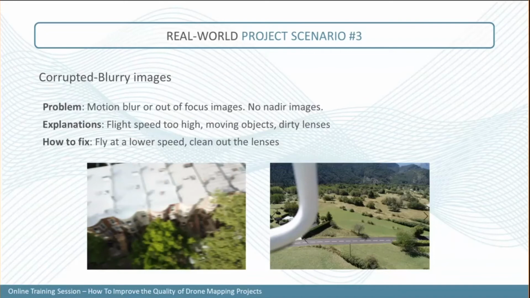Because there's nothing more frustrating than flying a mission, coming back, and realizing that your images are out of focus or quite blurry because the ISO or the shutter speed parameters were not correctly set for such a project.